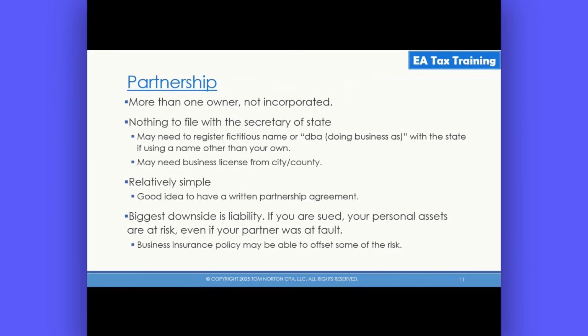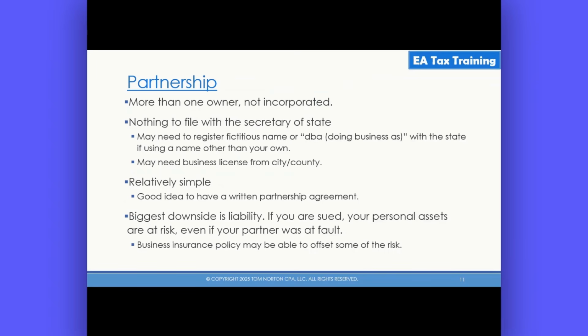You can just start doing business, but it is a good idea to have a written partnership agreement, though it is not required. We'll talk a little bit more about it later, but best practice to have one, but you do not have to have one. The biggest downside, again, for a partnership is liability, and it's even worse than with a sole proprietorship, because with a partnership, not only can you be sued for what you do in your business, you can be sued for what your partner does in your business.